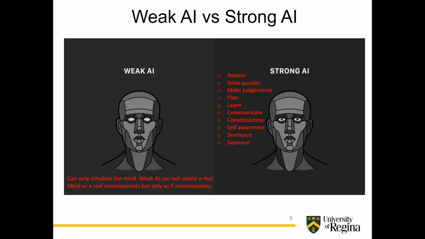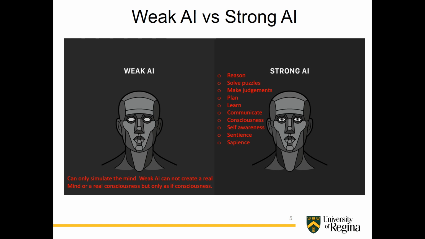While strong and weak AI might sound like very objective technical terms, they're actually a little subjective. According to strong AI, the computer running the right program would be intelligent and have a conscious mind just like ours. But how can we tell if a computer really has an artificial intelligence?